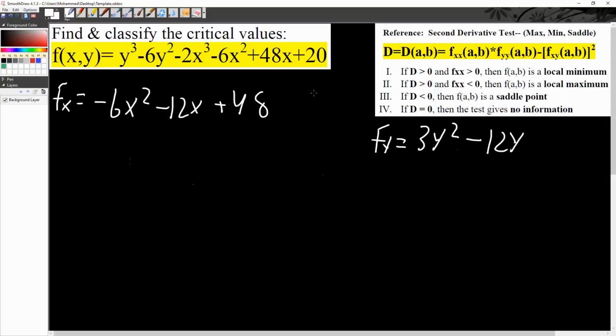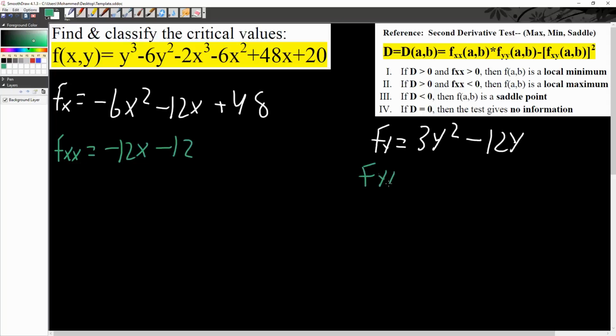Okay, next we will get the second partial derivatives in terms of x and y. So we can say fxx is equal to negative 12x minus 12. Likewise, we need to get the second partial derivative in terms of y.